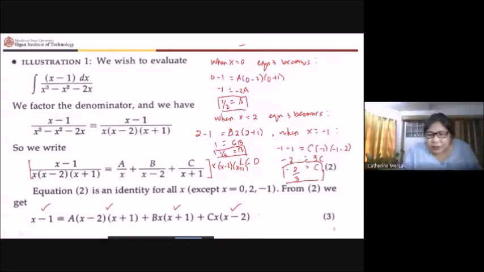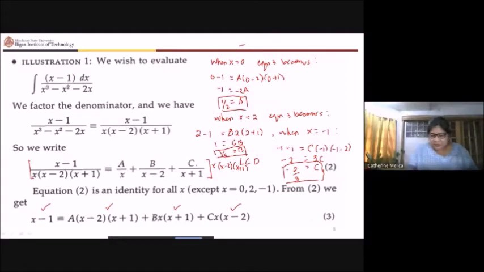Okay? So, you are already able to compute your a, b, and c, which is this. Here. Nakasulat niyo ang x minus 1 over x times x minus 2 times x plus 1, wherein your a is 1/2, b is 1/6, and c is equal to negative 2/3.